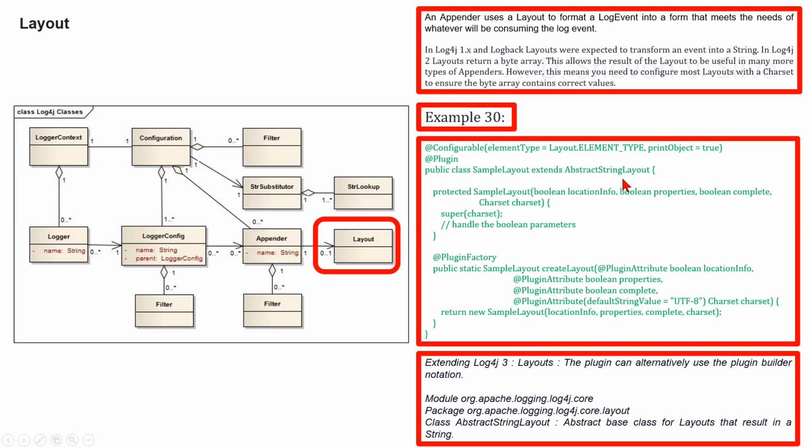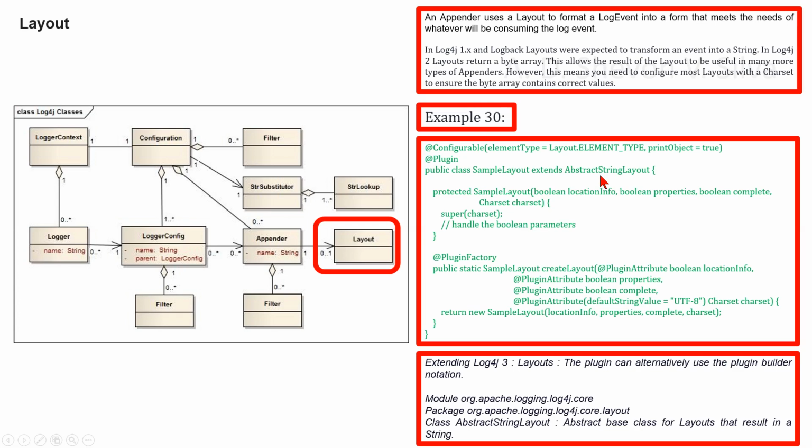The plugin can alternatively use the plugin builder notation. The class AbstractStringLayout in package org.apache.logging.log4j.core.layout in module org.apache.logging.log4j.core is an abstract base class for layouts that result in a string. Layouts perform the formatting of events into printable text that is written by the appenders to some destination.